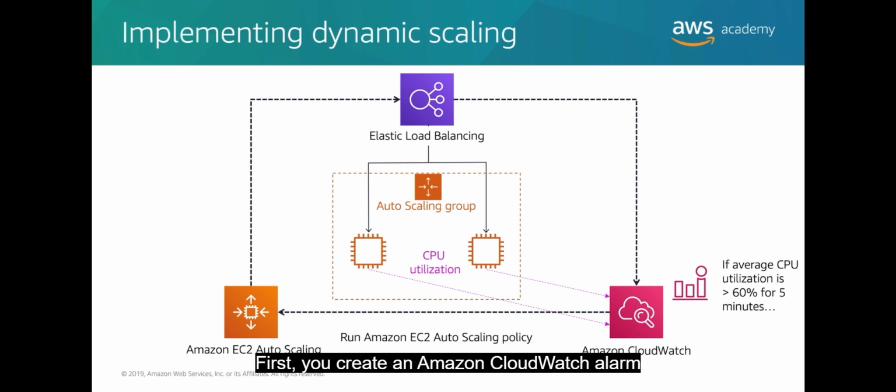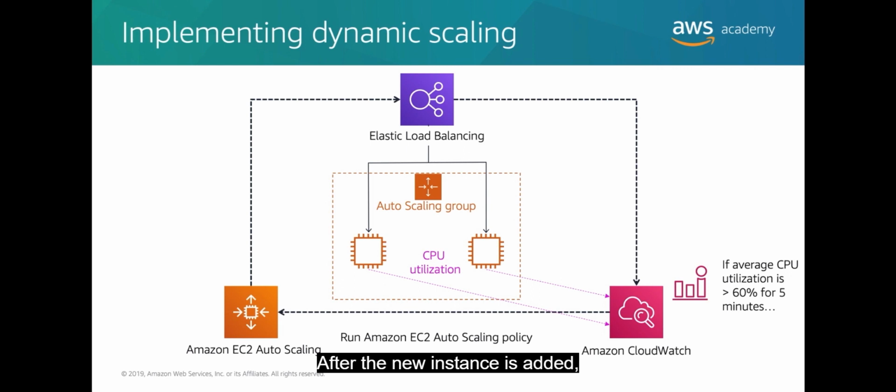First, you create an Amazon CloudWatch alarm to monitor CPU utilization across your fleet of EC2 instances and run automatic scaling policies if the average CPU utilization across the entire fleet goes above 60% for more than 5 minutes. Next, Amazon EC2 Auto Scaling adds a new EC2 instance into your Auto Scaling group based on the launch configuration that you created.